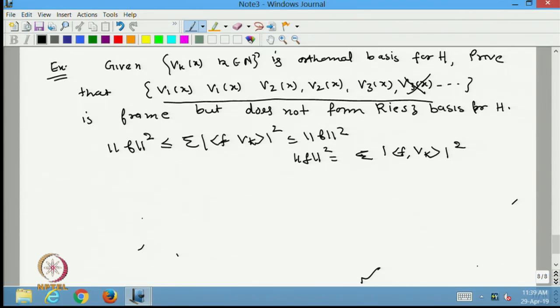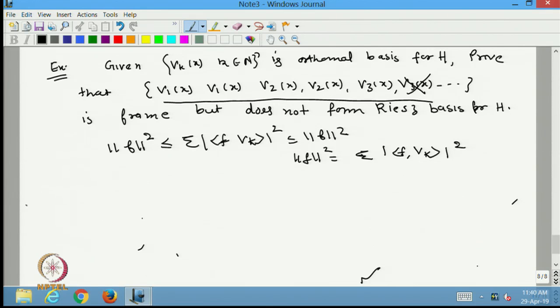No, it will not form a Riesz basis because again it is linearly dependent, some of the vectors are linearly dependent, like V1x is repeated, V2x is repeated. But what will be the frame bounds? Frame bounds might be different. Okay. So, given Vkx is an orthonormal basis for H, prove that it is a frame but does not form a Riesz basis for H. Okay.